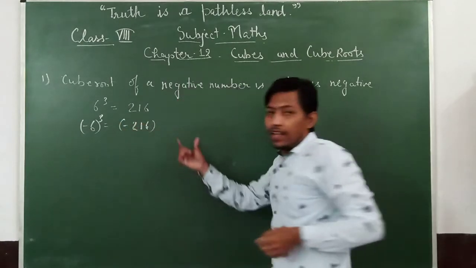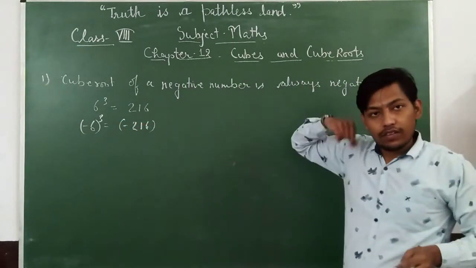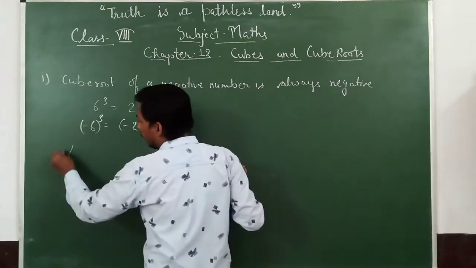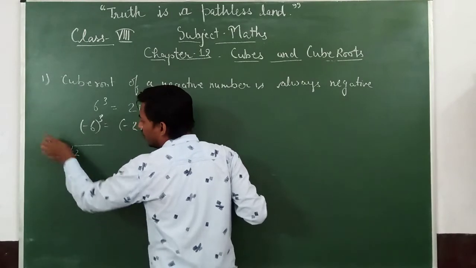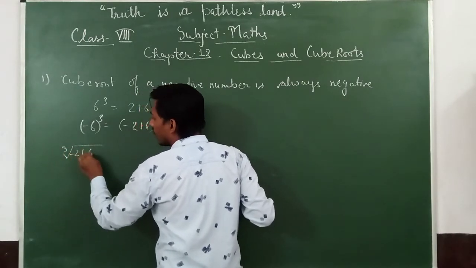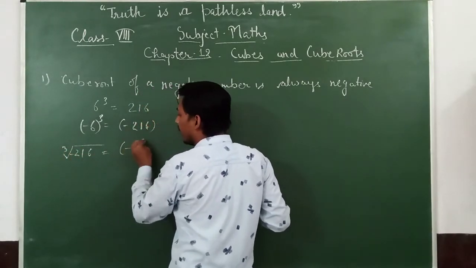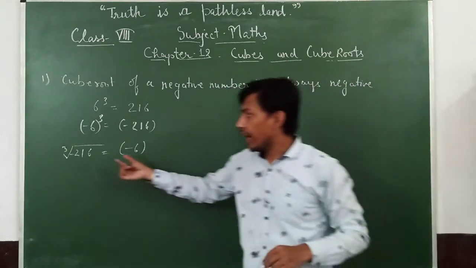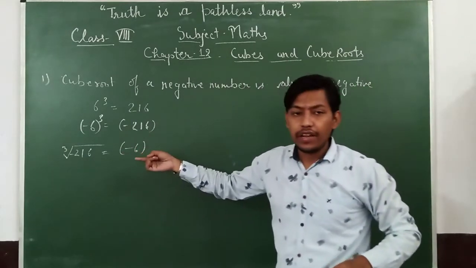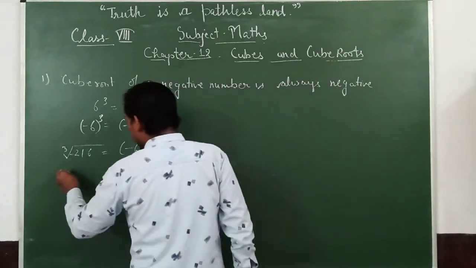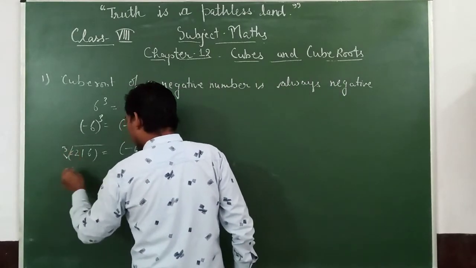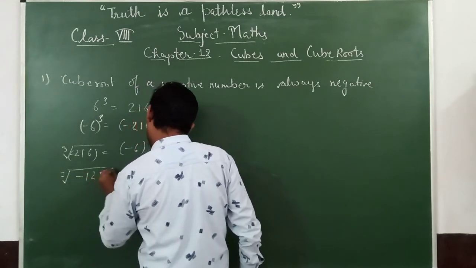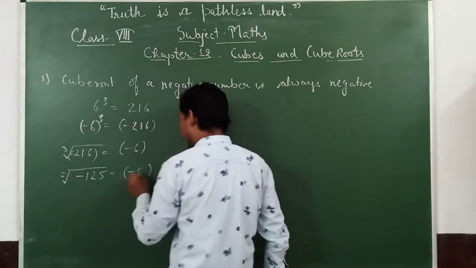As we know, the cube root is the inverse process of cube. So the cube root of minus 216 is minus 6. That means the cube root of any negative number is always negative. The cube root of minus 125 is minus 5.